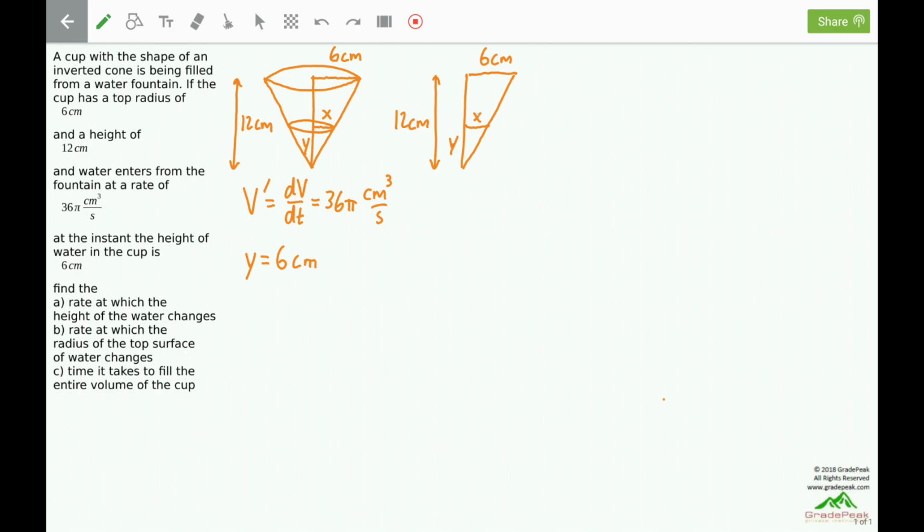The small triangle and the big triangle have the same angles, and they are therefore similar triangles. And similar triangles have their sides in the same proportion. So if we take the top side of the small triangle over the height of the small triangle, it will equal the top side of the big triangle over the height of the big triangle.